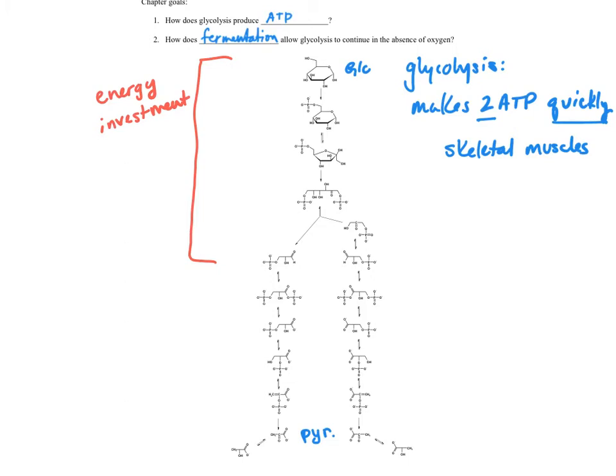That means you need to put some money into a bank, for instance, in order to get interest and get some profit back. Or you need to invest in a company to get a dividend on stock. So this is true here as well. We want to make ATP, but we actually have to invest ATP in the first 5 reactions. We actually lose ATP to begin with, or we would go into ATP debt, we might say, in order to make a profit of it later.